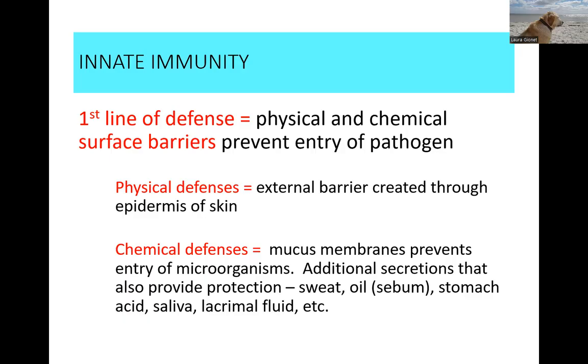It helps trap different pathogens and pollen as you breathe in and out, and so it prevents them from entering into your body. Lacrimal, tear production, in your lacrimal glands that bathes the surface of your eye, is another physical barrier as well.